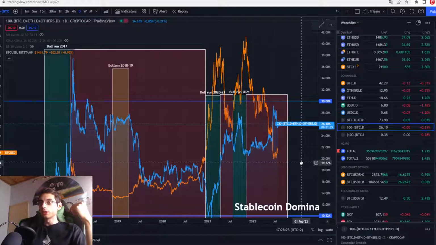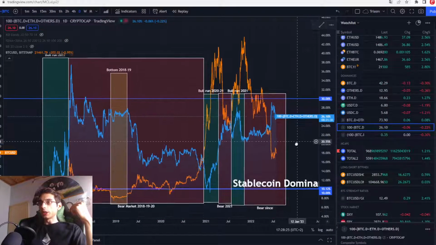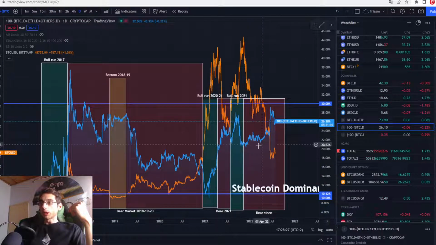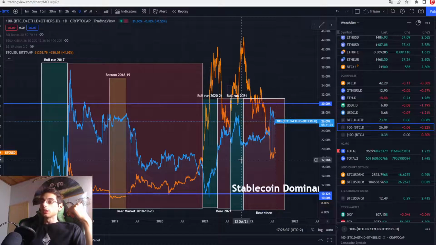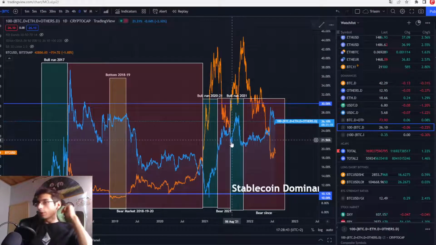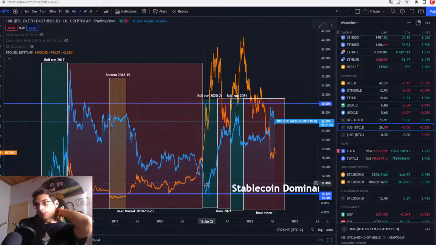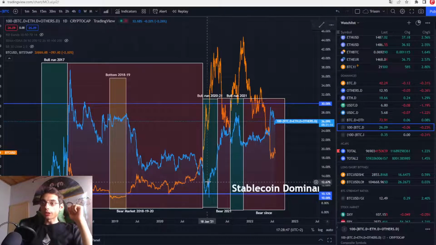You see yourself that every time we get into a bear market, as of today, and we start getting down from the previous all-time highs, we see the stablecoin dominance rising, and more than when we are in a bull market. So you can take this stablecoin dominance in a bull market right here.